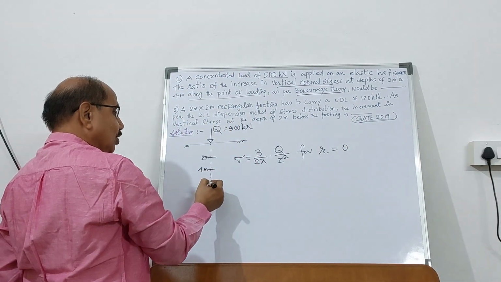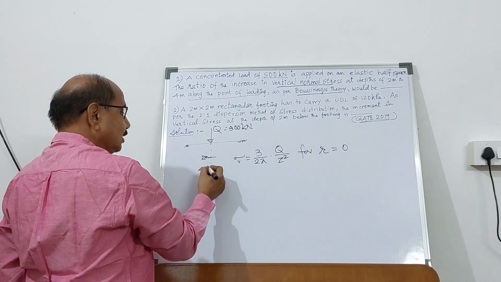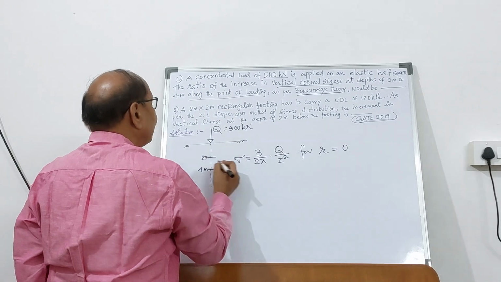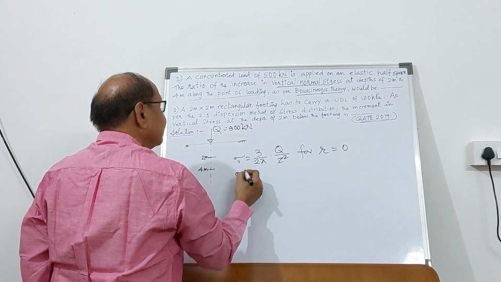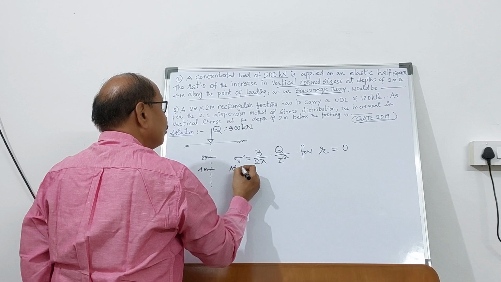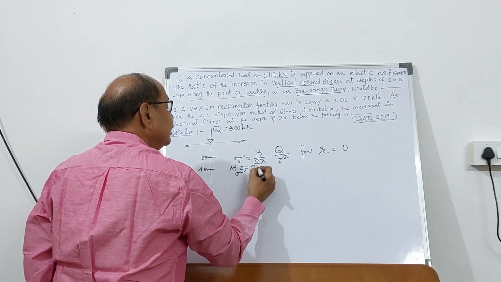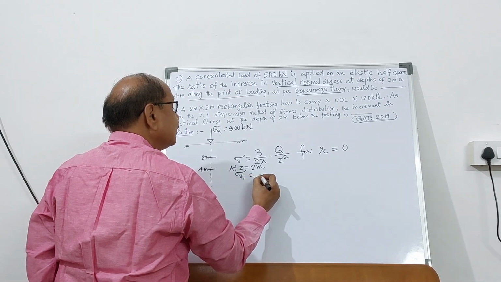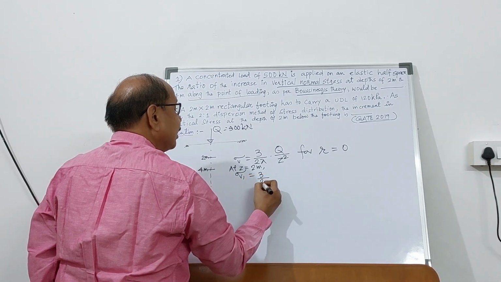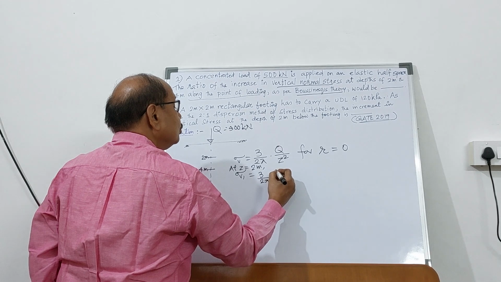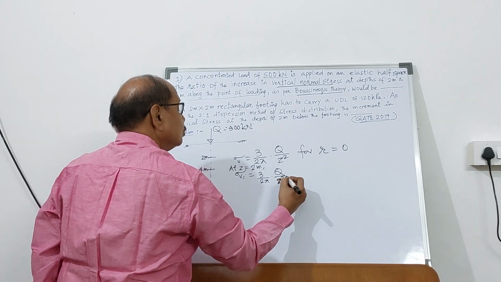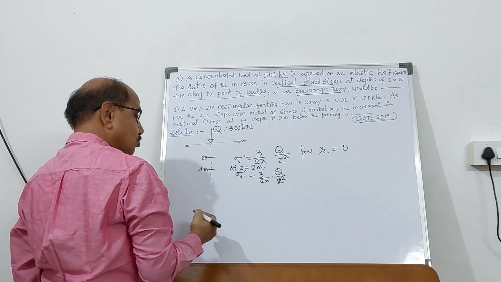So here, because it is on the axis of loading, the r coordinate is going to be 0, and therefore at 2 meter, at z equal to 2 meter, sigma v1, we can calculate it. That is going to be 3 divided by 2 pi into 5 of Q divided by z is 2, so 2 square.